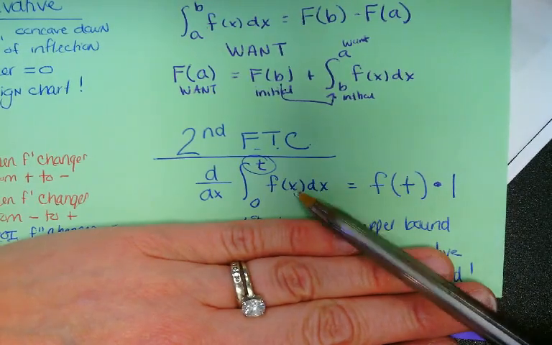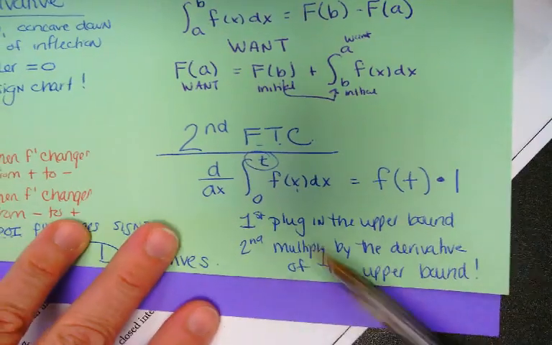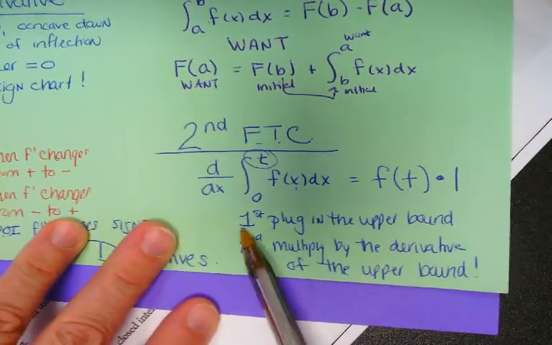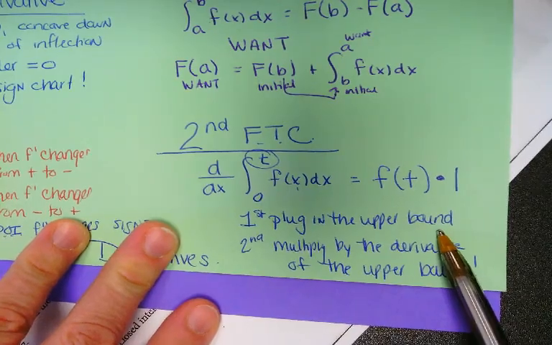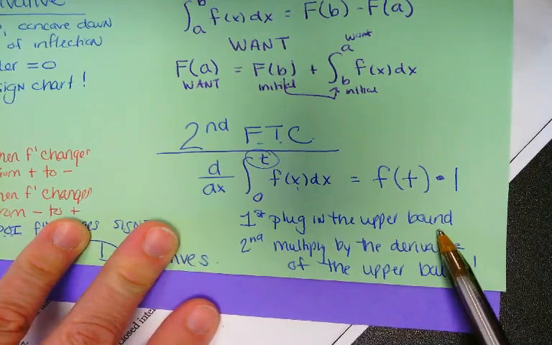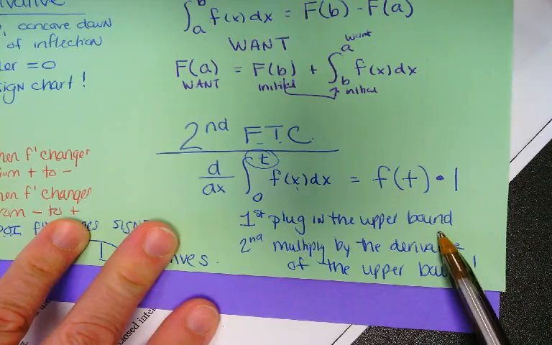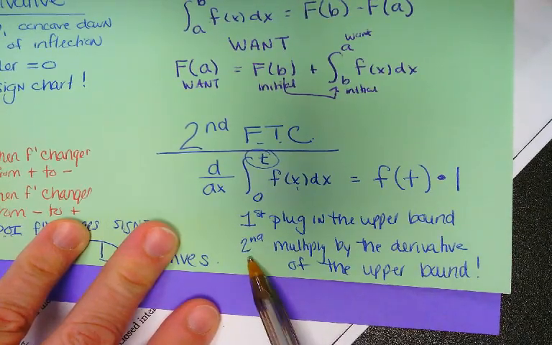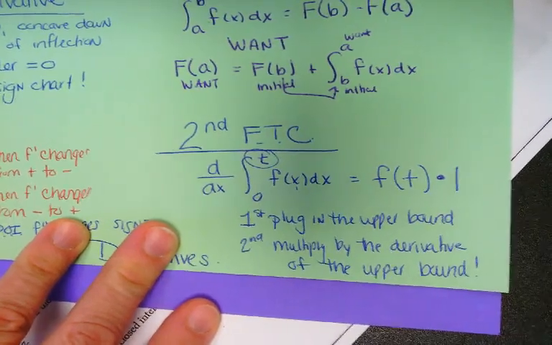So I'm just replacing my x with t, and then I multiply by the derivative of the upper bound. And then let's just write those 2 things down. First, plug in the upper bound. And then second, multiply by the derivative of the upper bound.